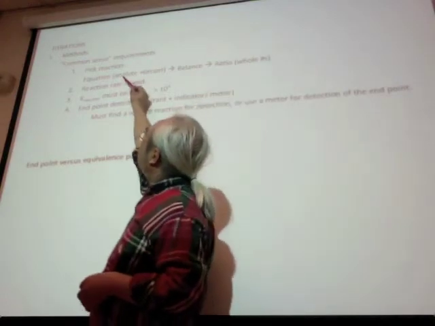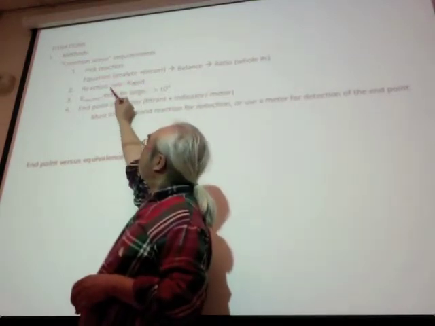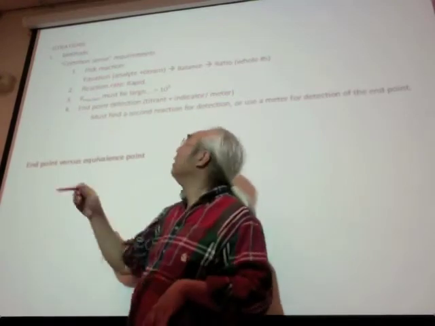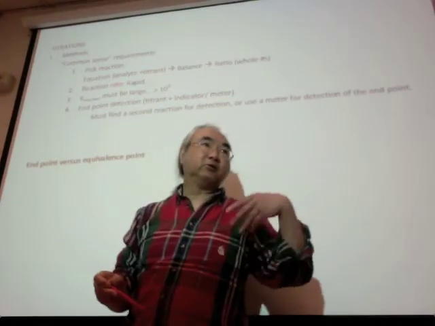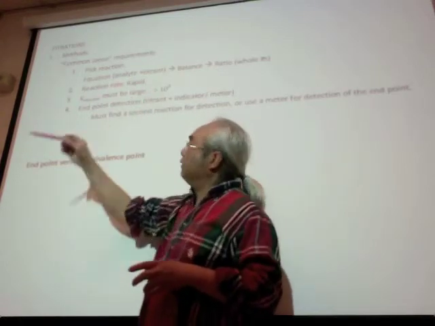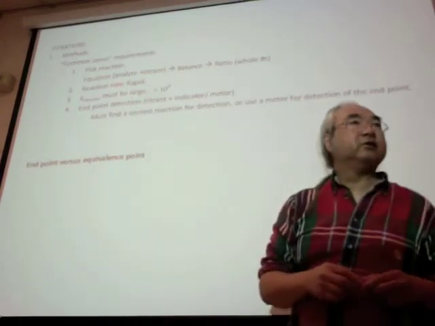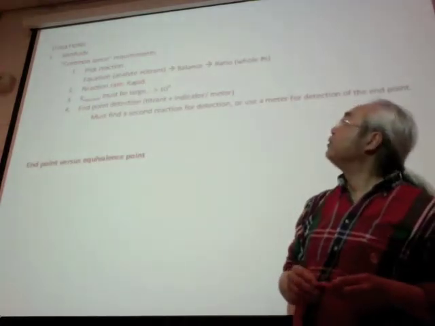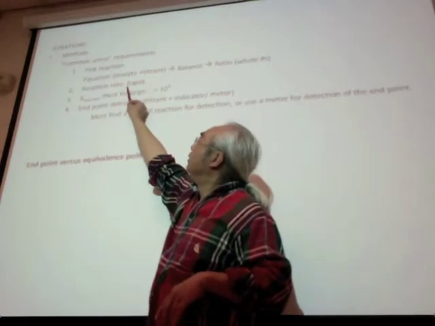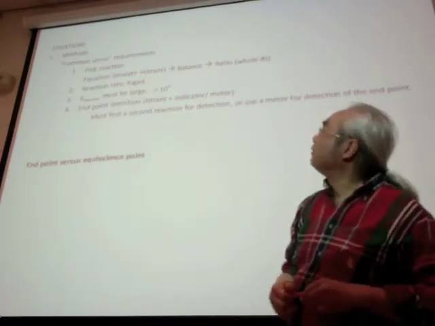Okay, the second one is, once you pick an equation, be sure that the reaction rate is rapid, so you can do the titration on the spot. If it's a slow reaction, then you may need to do back titration. Most people would want to do the titration on the spot.